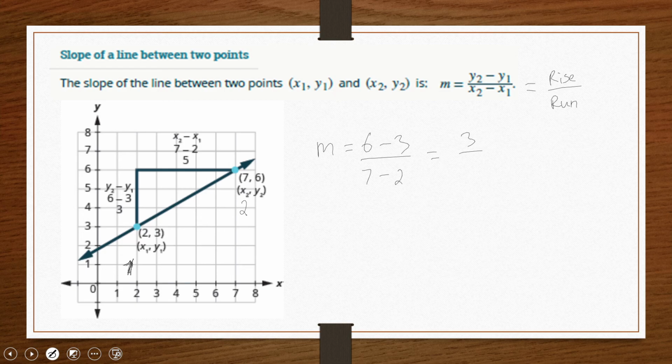The denominator, I get 7 minus 2 is 5. M equals 3/5 describes the rate at which this line rises to how far it runs forward. So you can imagine as you're walking up a hill, for every step that you take forward, there's some change in elevation. This is what we call the steepness or the slope of the mountain.